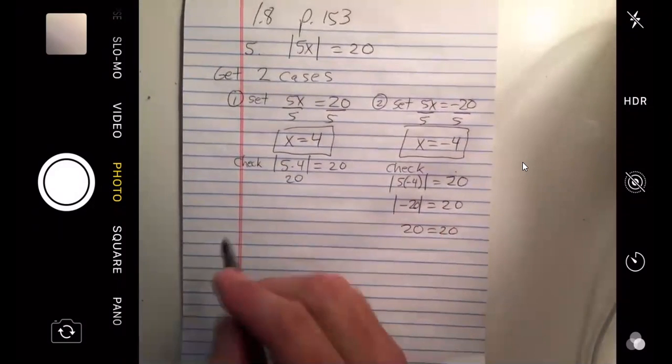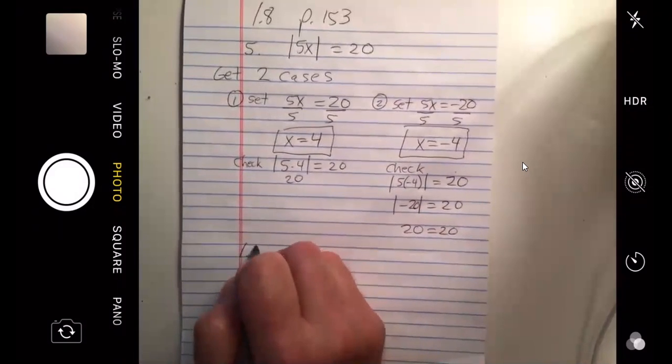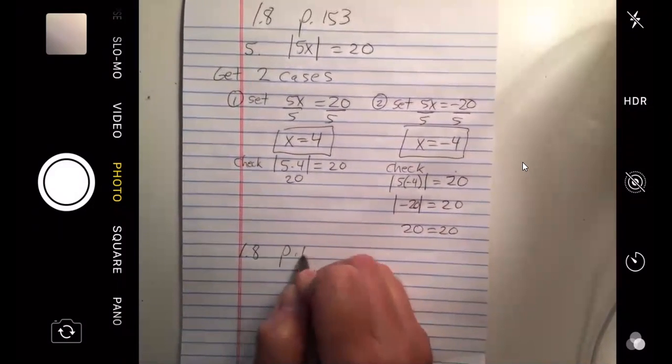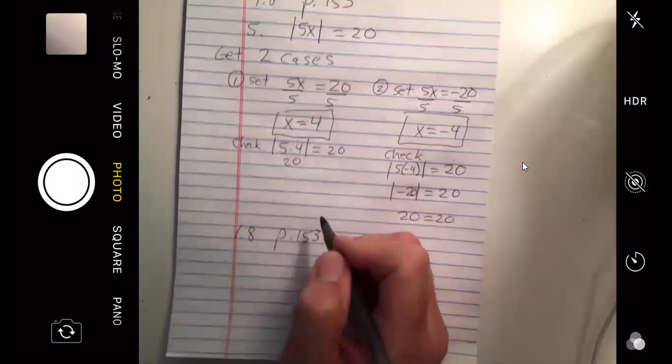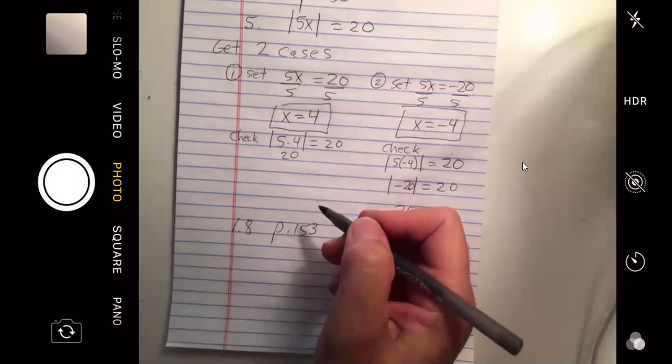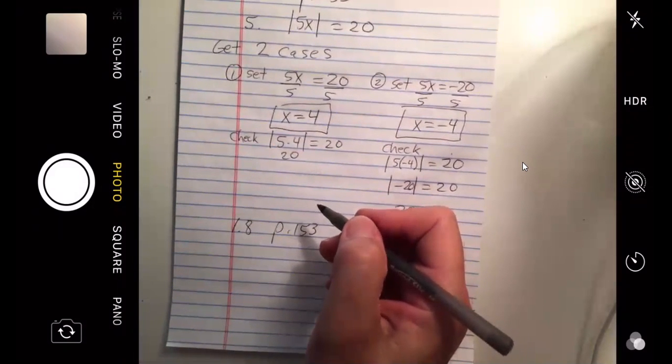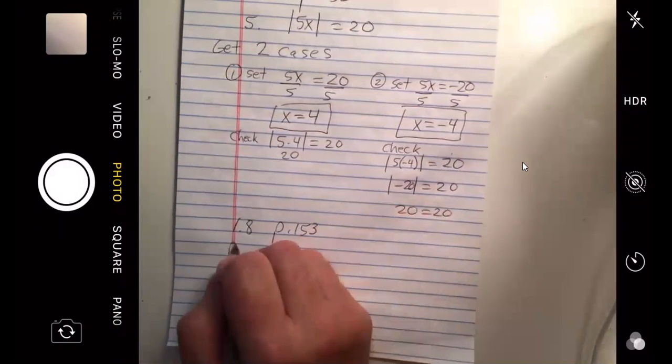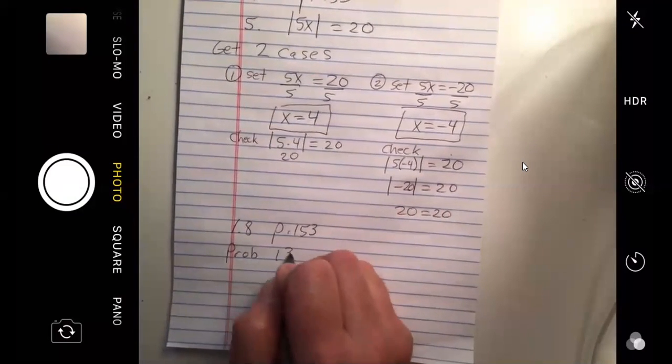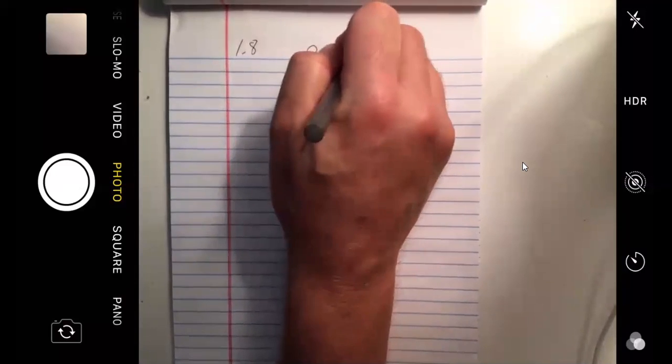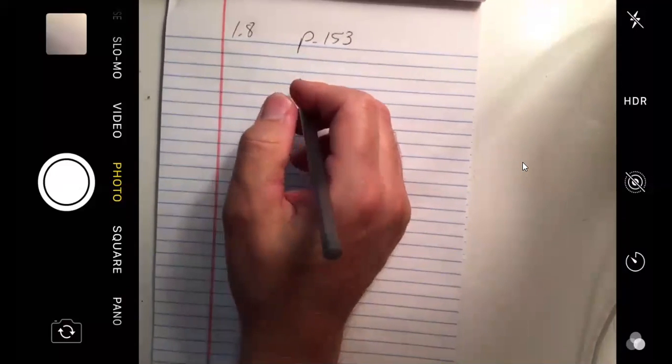Let's try one other one. Why don't we try problem 13? In fact, maybe I should try to fit it on one page so I'm not flipping in the middle. Section 1.8, page 153, problem 13.